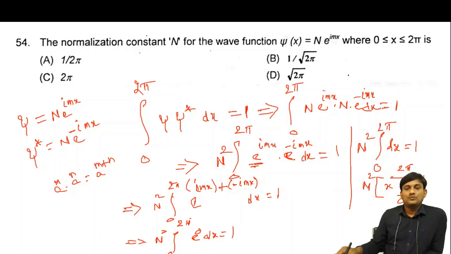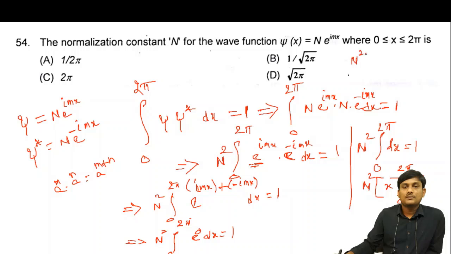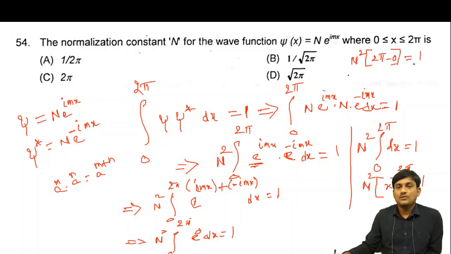Then n square is equal to n square. Okay, if you substitute limits, you will get 2 pi upper limit minus lower limit, 2 pi minus 0 is equal to 1. So 2 pi n square is equal to 1. n square is equal to 1 by 2 pi. So n is equal to 1 by root 2 pi.